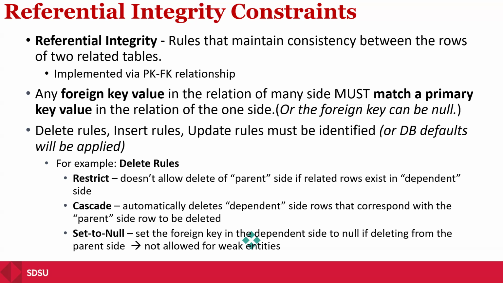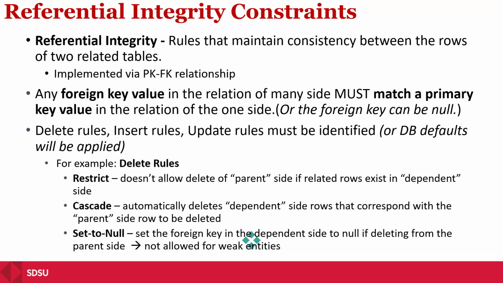For the delete rules, we can have restrict, cascade, or set to null. The restrict rule states that we cannot delete from the primary key table, or the parent side, or the one side of the relationship, when we have a record on the many side of the relationship. So if we have dependents on the many side of the relationship, we cannot delete rows from the primary key side of the relationship.